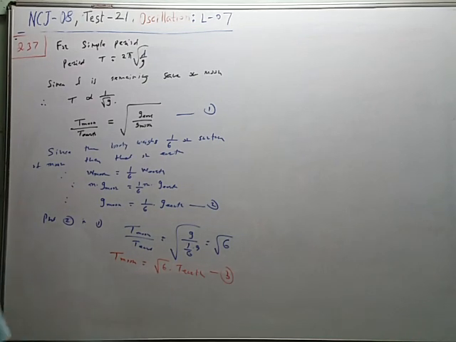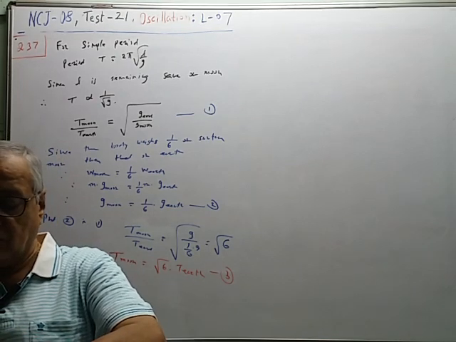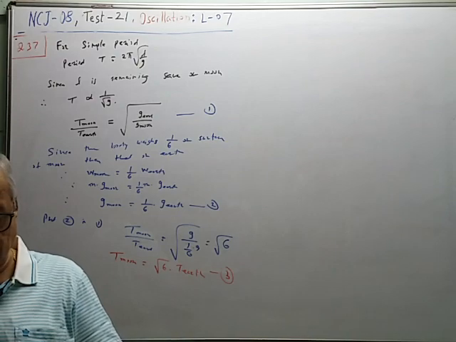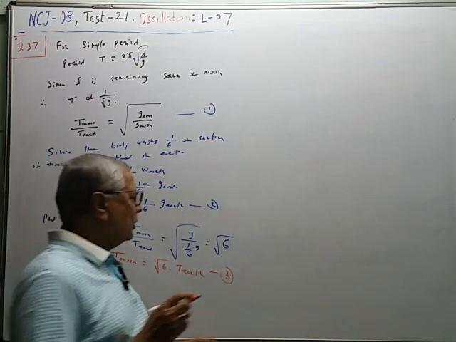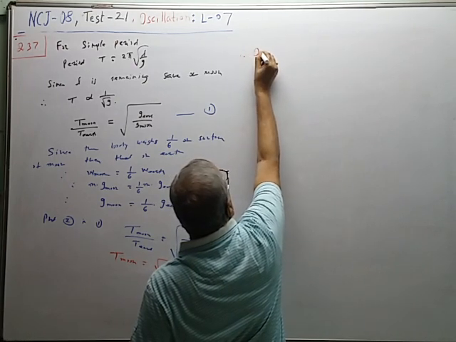The answer root 6 ने आपल्याला मल्टिप्लाय करावं लागेल. Root 6 multiplied by, divided by 60. On earth period वाढला म्हणजे ते कमी वेळात टिक टिक करेल.